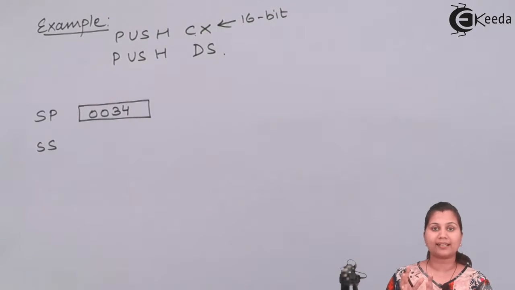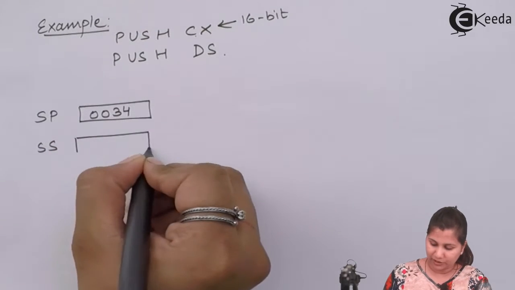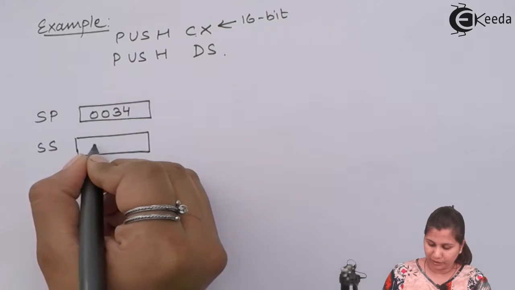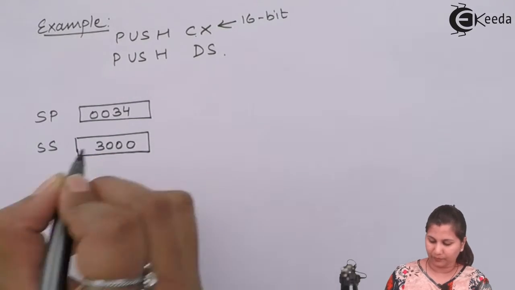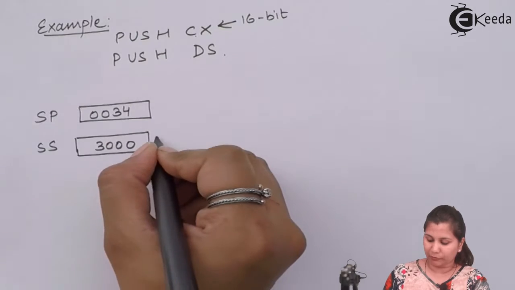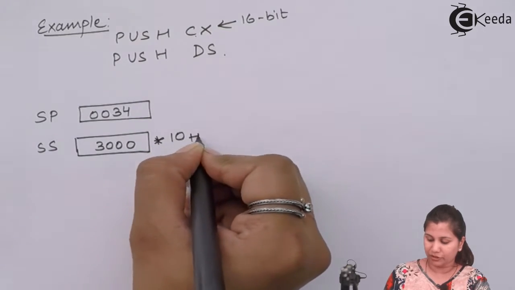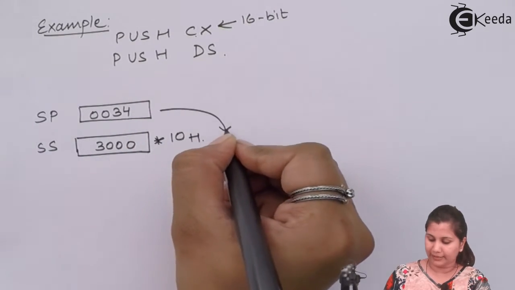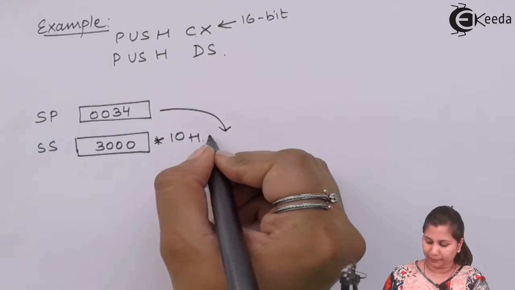That is the stack pointer, and we have the stack segment, because the stack is stored in the segment which is known as the stack segment. That segment is assigned for the stack only. So the stack segment is initialized at an address 3000. This stack segment will be multiplied by 10H, and then this will be added to the stack pointer.